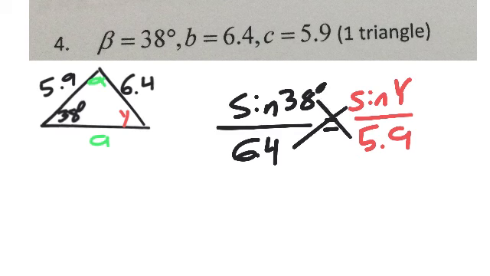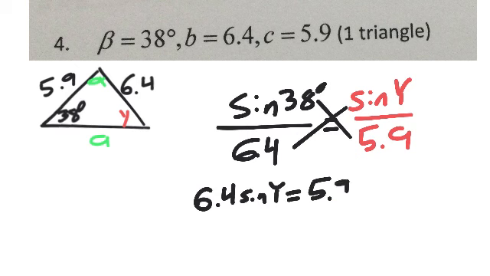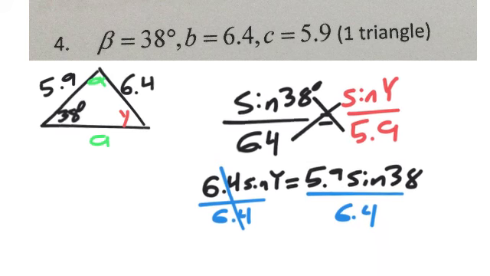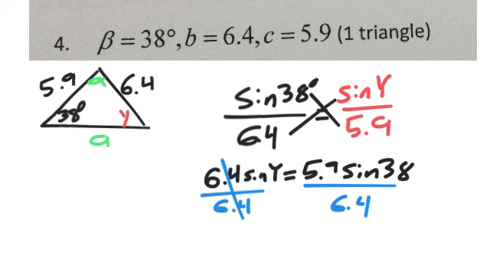Cross multiply. 6.4 sine of gamma equals 5.9 sine of 38. I'm going to divide by 6.4. So that tells me sine gamma equals this fraction. But I don't care what sine gamma is, I care what gamma is. So I'm going to take an inverse sine of both sides.